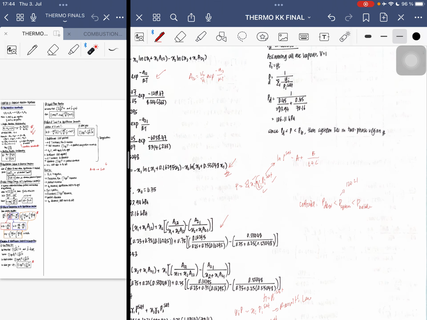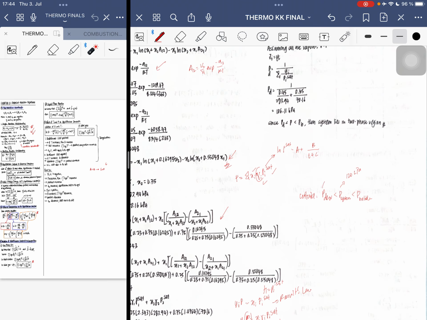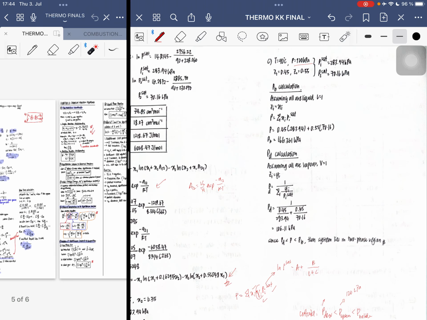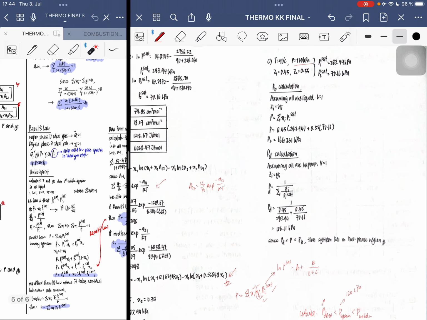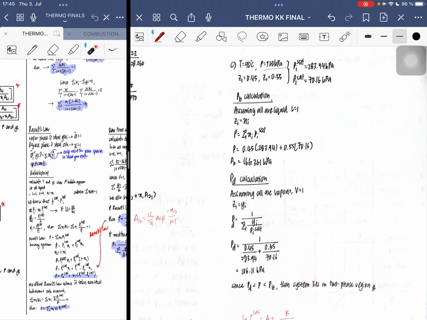So in bubble point or bubble pressure, what you want to calculate is the pressure when the first bubble appears. Before the first bubble appears, that means the whole system is liquid, right?